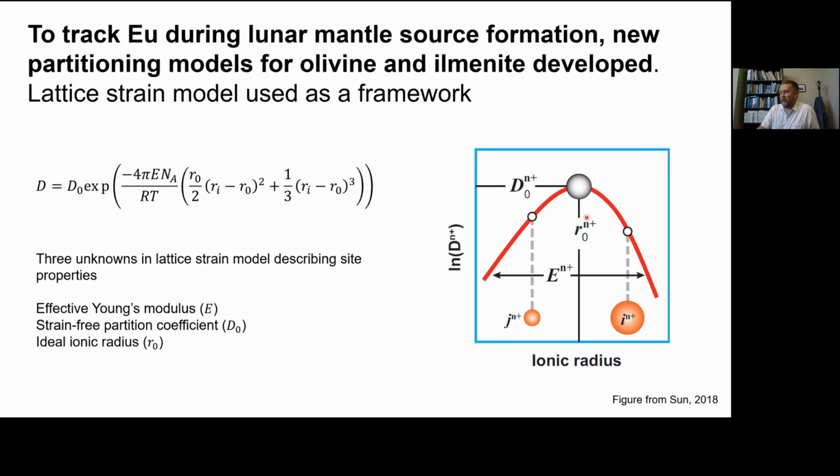There's an ideal ionic radius, which shifts the parabola left or right, and then an effective Young's modulus term, which describes the stiffness of the parabola. So basically, if an ion's too big or too small, it's a misfit for the site. And so this model determines the substitution penalty that is going to decrease the partition coefficient correspondingly.